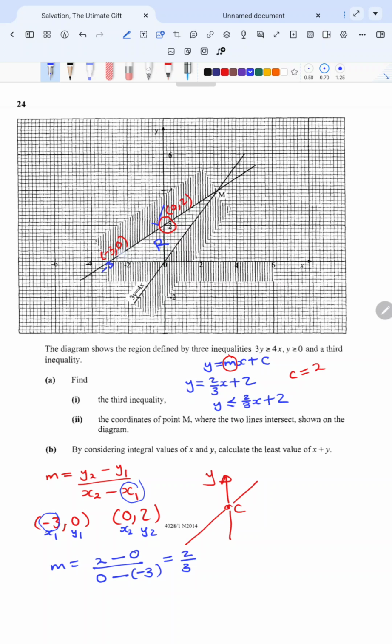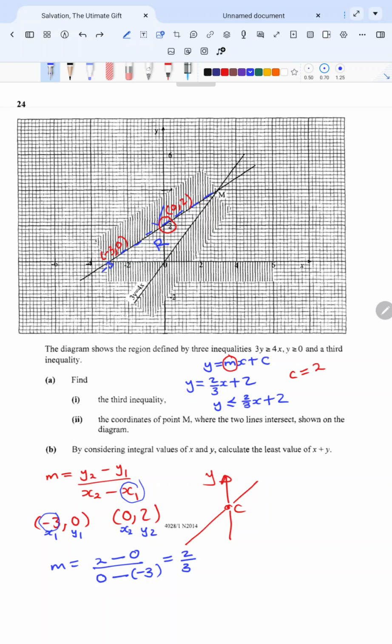But if the line was dotted, you put y is less than 2/3 x plus 2. So use less than for a dotted line, then use less than or equal to for a solid line. So you have to take that into account. I hope you are listening, class.